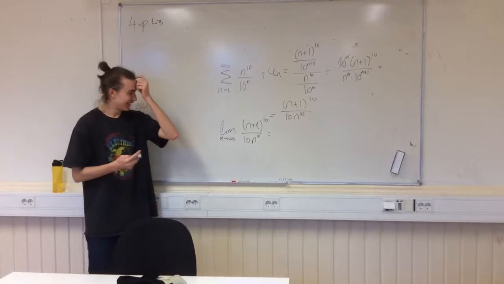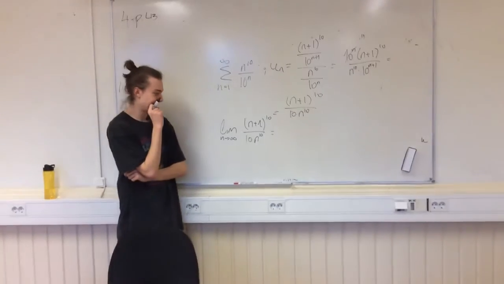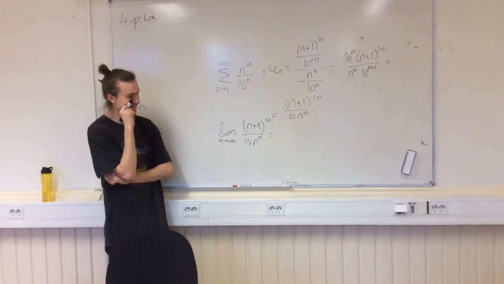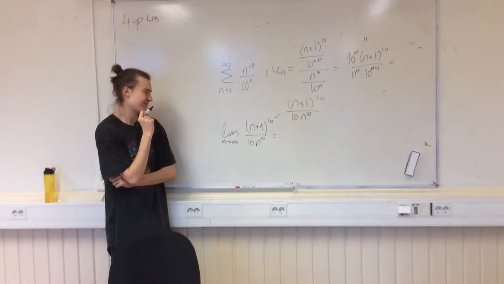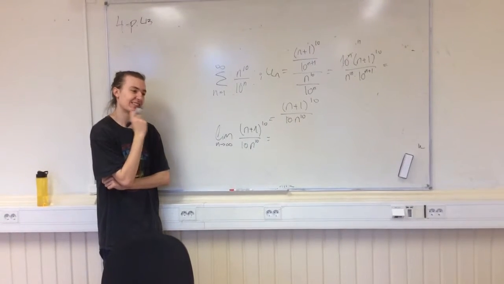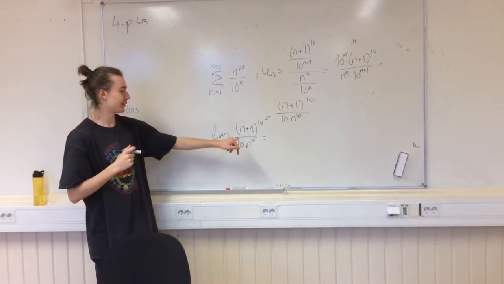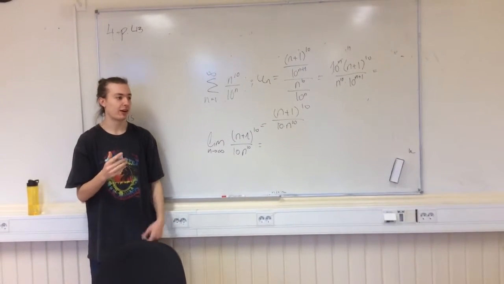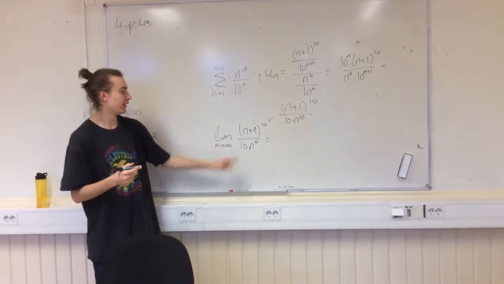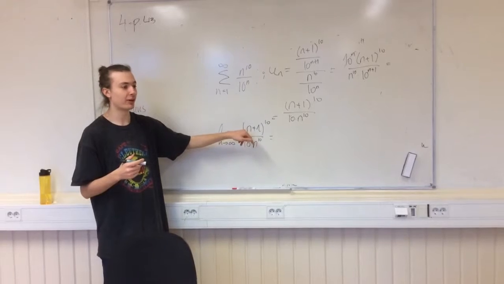Well, I have an idea. I don't know. Could you take the 10th root of that? No, it's the same thing. No, maybe not. But I was thinking, because here the term with the highest power of n will be 1 times n to the power of 10, that will be the first term of the binomial expansion.